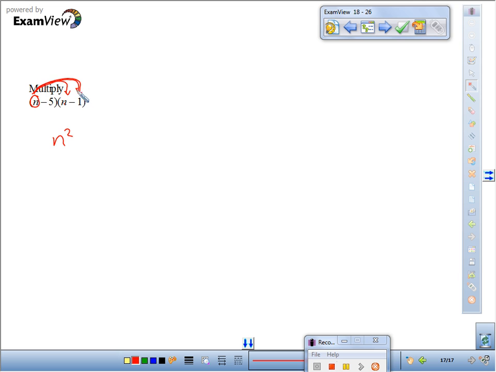What is n times negative 1? Negative 1n. Now I'm going to circle the negative 5. Negative 5 times n, negative 5n. Negative 5 times negative 1, positive 5. So the first step is to multiply.